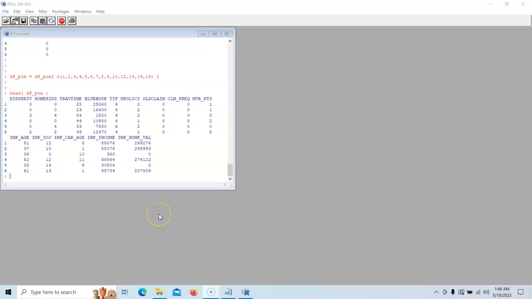Now we could, in theory, start to cluster right now. But one of the problems with cluster analysis is that it tends to give too much weight to big numbers. So if I clustered this, the blue book value of the car, the person's income, and the person's home value would overpower all the other variables. So they all have to be on the same scale.